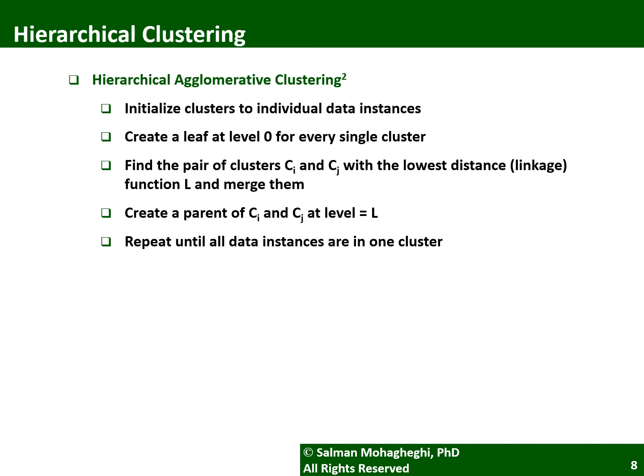Agglomerative is when you build the tree from bottom up, meaning that every individual data instance would be a leaf of the tree, and then you start merging them and merging them, and then you continue this until you get to a point that all of them are merged into one cluster, which is again your original data set.